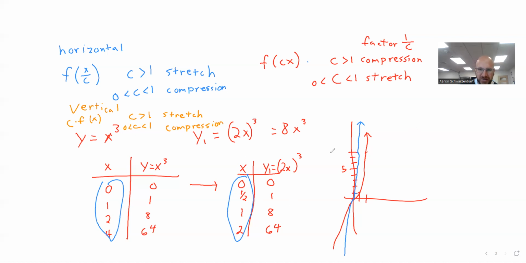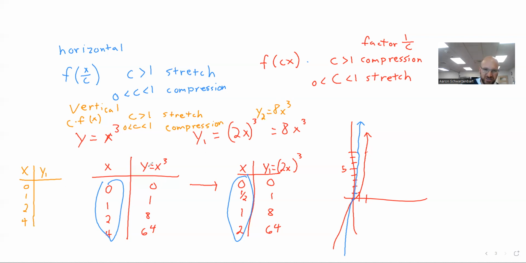So here, I'm going to take my original XY table, and I'm going to show you that this could be the same. Now I'm multiplying my y values by 8.